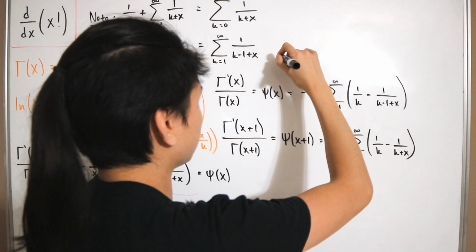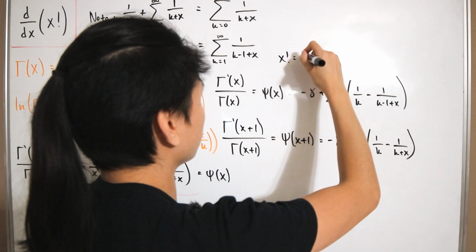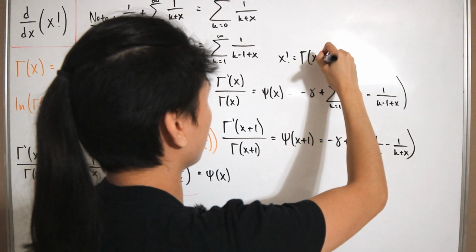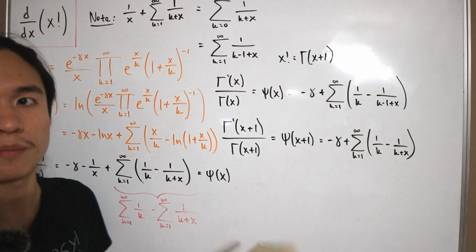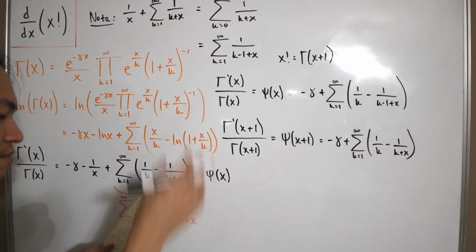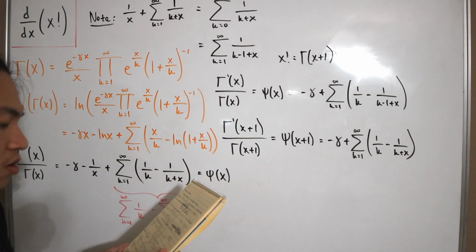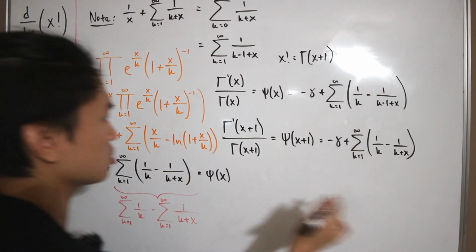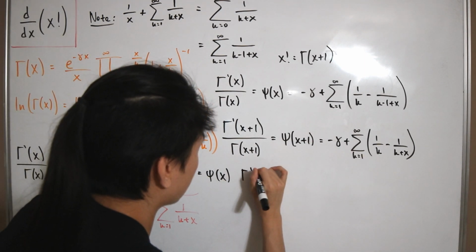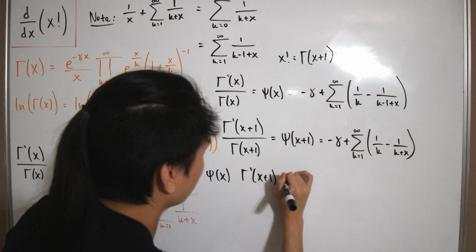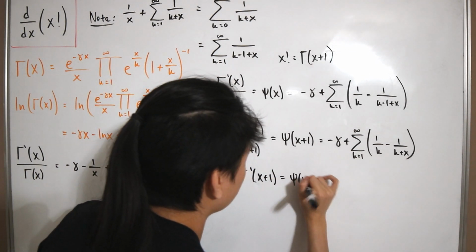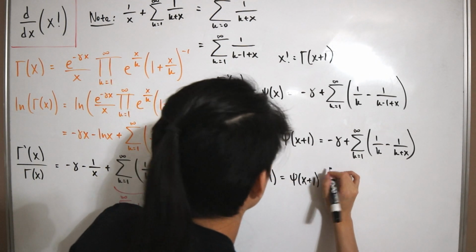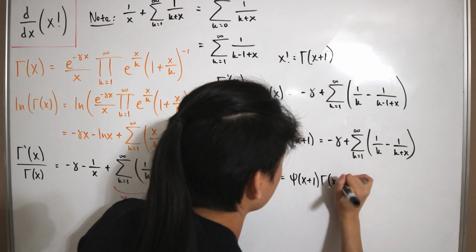We know that the recurrence relation for x factorial is equal to gamma of x plus 1. That's an important key factor to use here, because if I multiply by gamma of x plus 1, this completes everything. So that's the same thing as psi of x plus 1 multiplied with gamma of x plus 1.